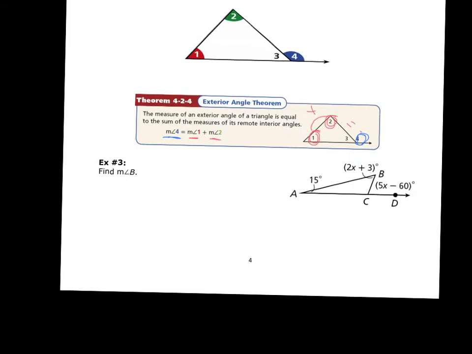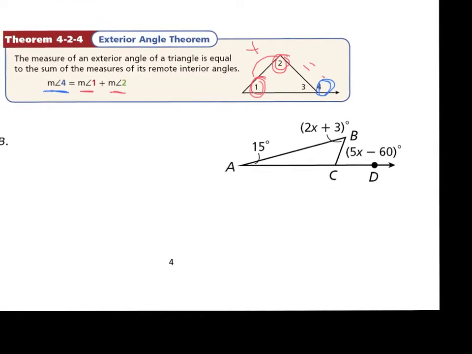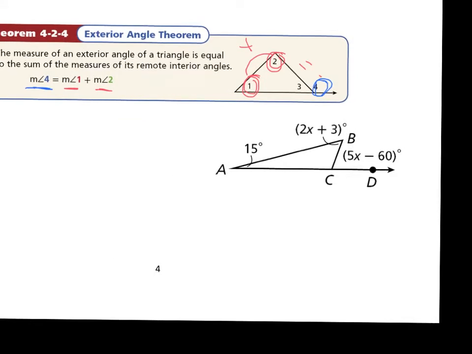On this first one, we want to find measure angle B. So we know that your exterior angle is equal to these two added together. So let's write an equation.